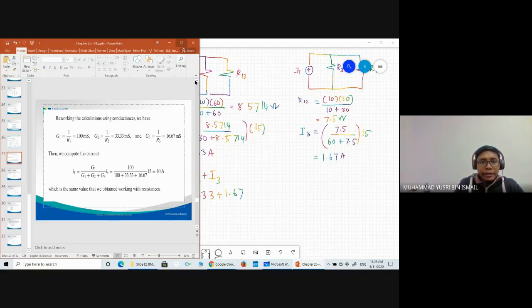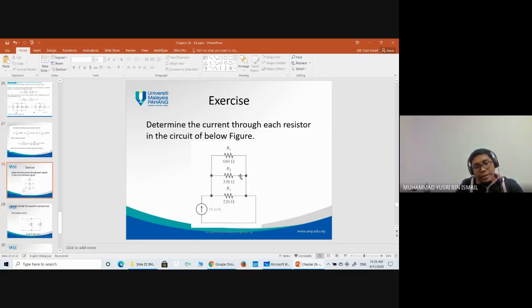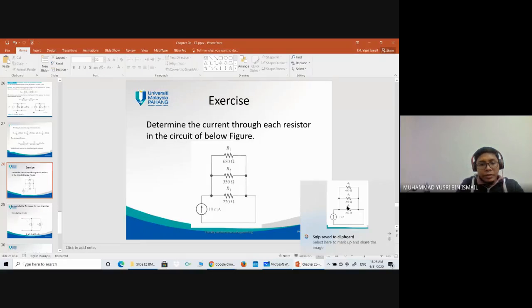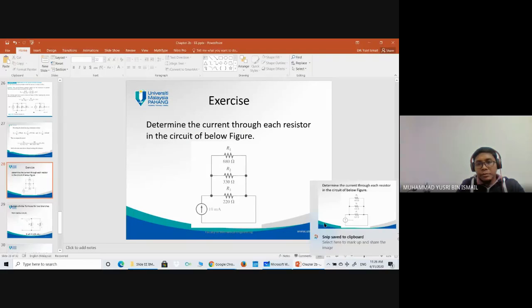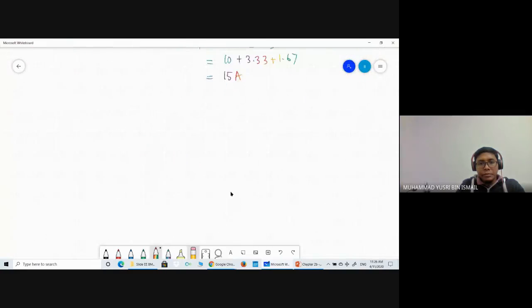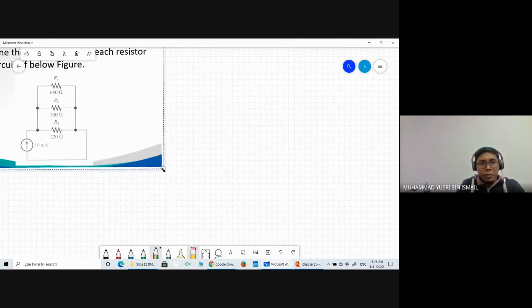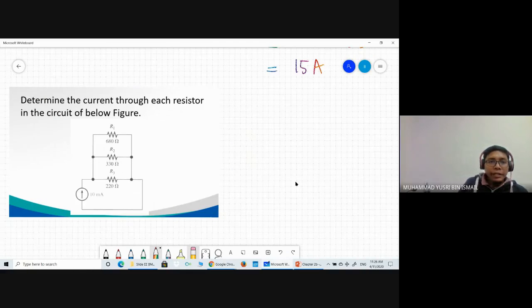Now you can try to solve this exercise. Determine the current through each resistor in the circuit of the figure below.